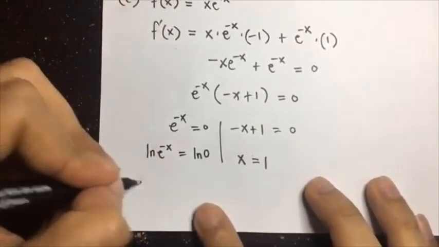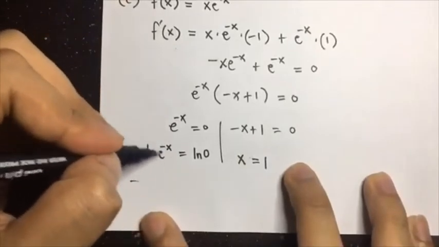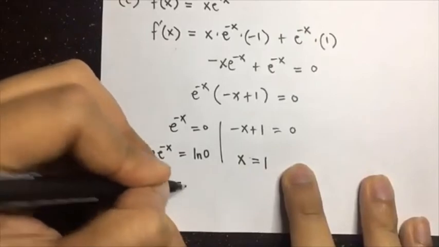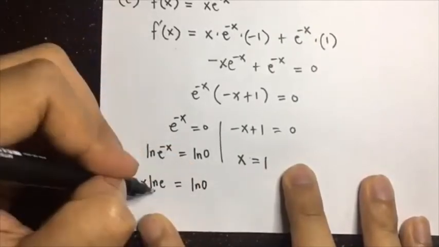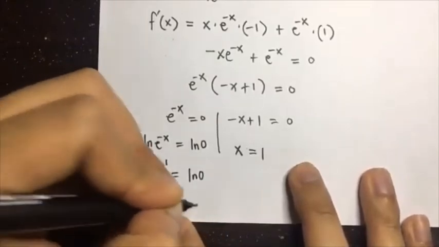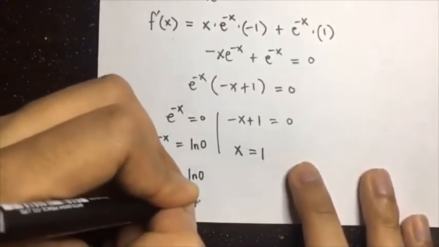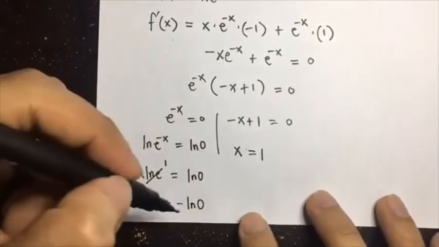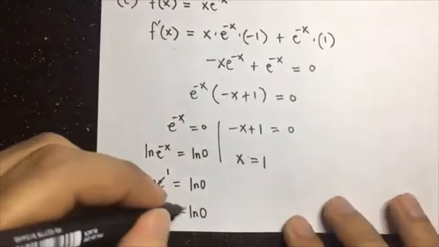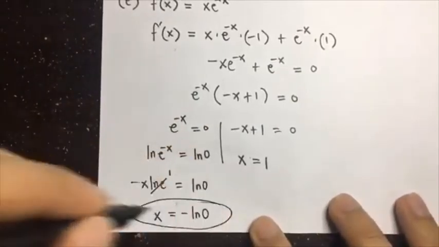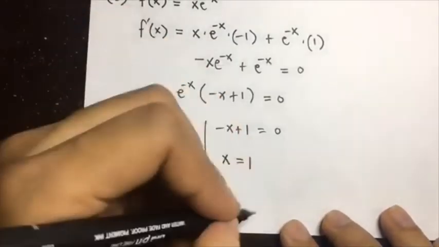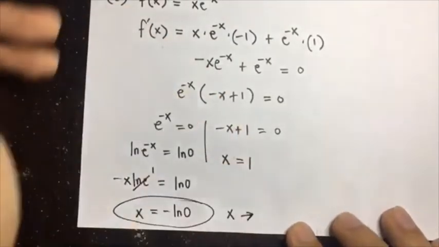Applying the properties of natural logarithm, negative x ln of e is equal to ln of 0. So ln of e is equal to 1, therefore x is equal to negative ln of 0. Again, it's a math error because this is under the concepts of limits. It's not equal, but it should be approaches.